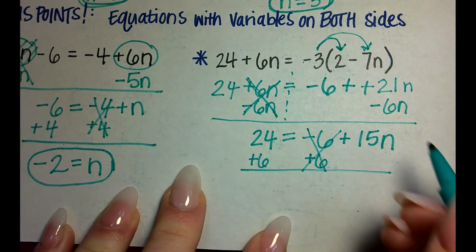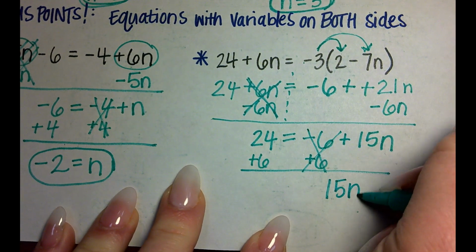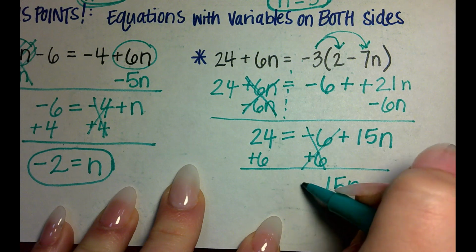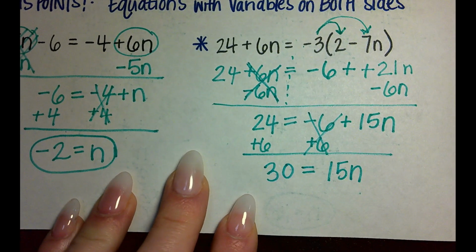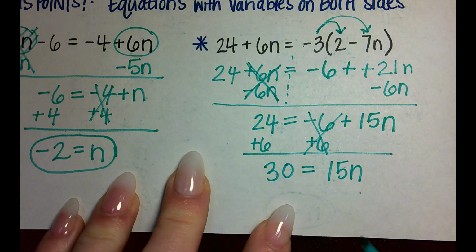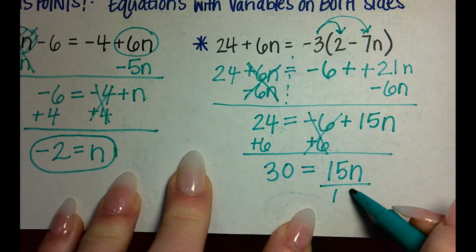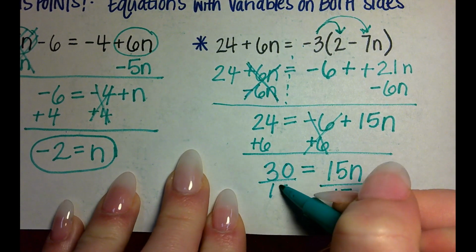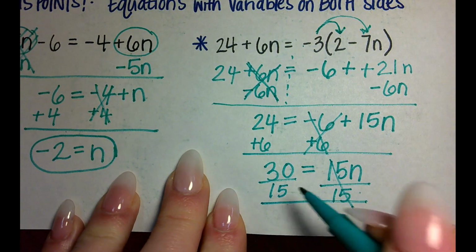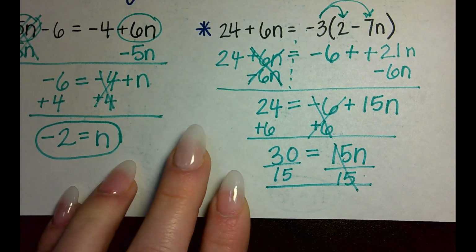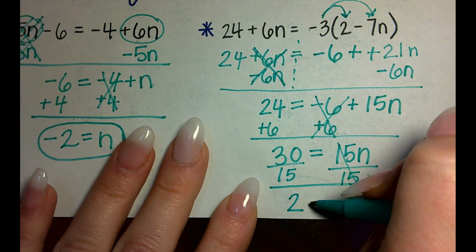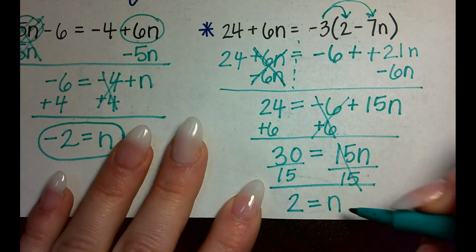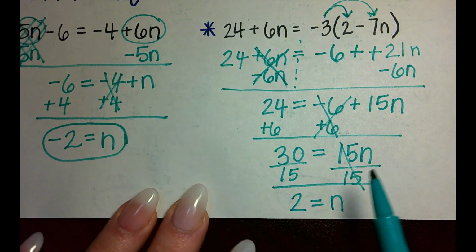Bring down 15n, and that equals 30. 24 plus 6 is 30. One more step. Now you divide by 15. And we get what? Yes, Brian, perfect. 30 divided by 15 is 2. 2 equals n.